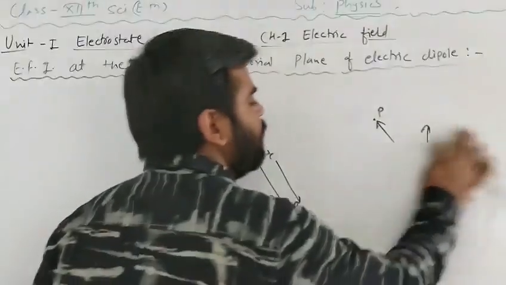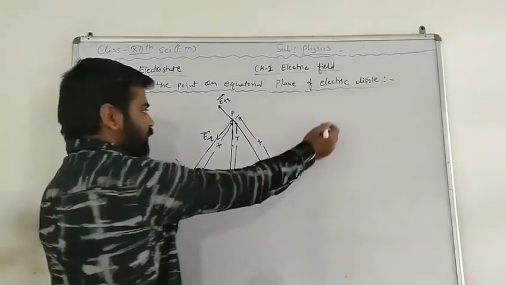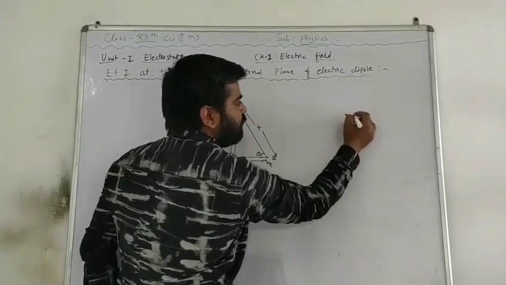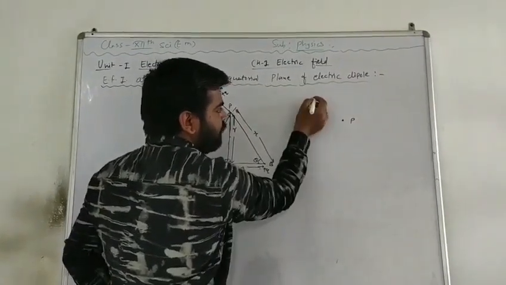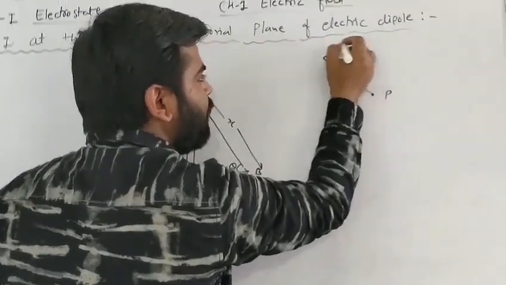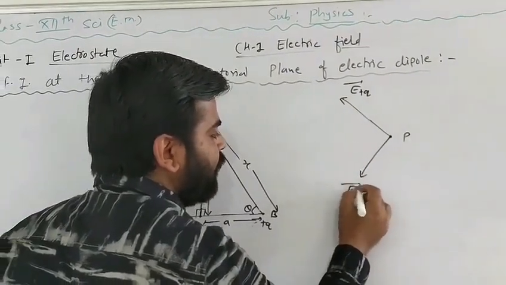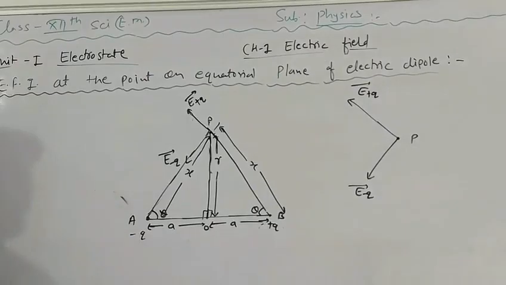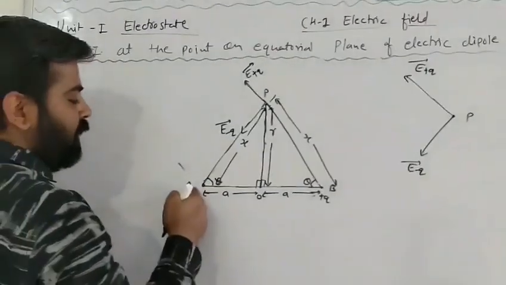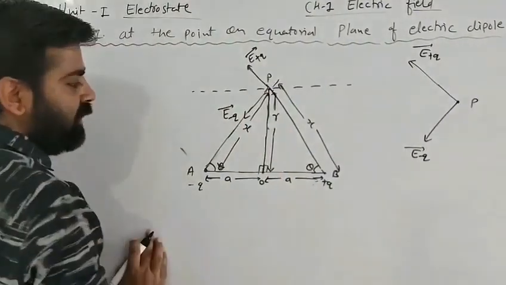Now we resolve the components of E plus q and E minus q. Separately I resolve here. This is our point P and this one is E plus q vector and another one is E minus q vector. We draw a parallel line to AB at point P, this one.